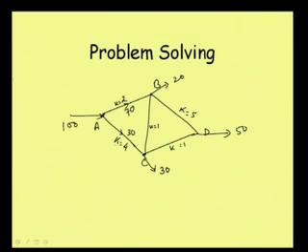Then from this point, 20 is going out. Now we need to check continuity at each point. Here the continuity is satisfied: 100 coming in, 70 and 30 going out. Now here 70 is coming in, and 20 must be going out, because it is given in the problem. So the remaining is 50.